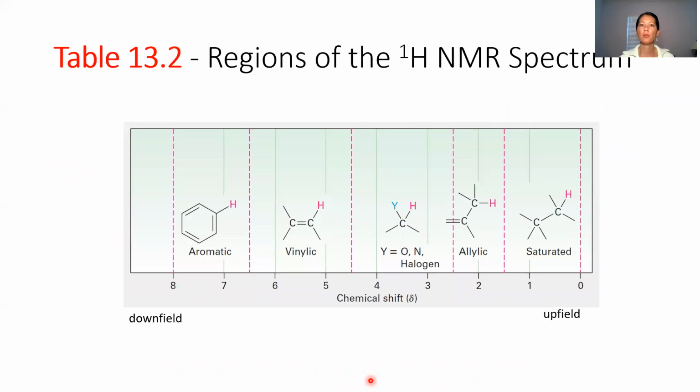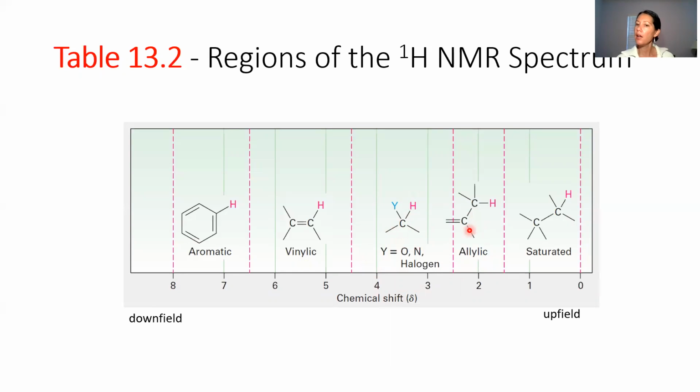This is what you need to be responsible for: regions of the NMR spectrum where certain groups show up. For sp2 hybridized carbon, when there's aromaticity, it's more downfield. When it's just vinylic, it's in this range, 4.5 to 6.5. If you have a carbon attached to an N or an O, a hydrogen off that carbon will be in this range, centered around 3.5.